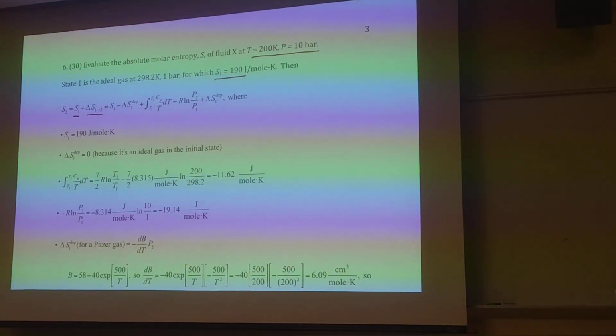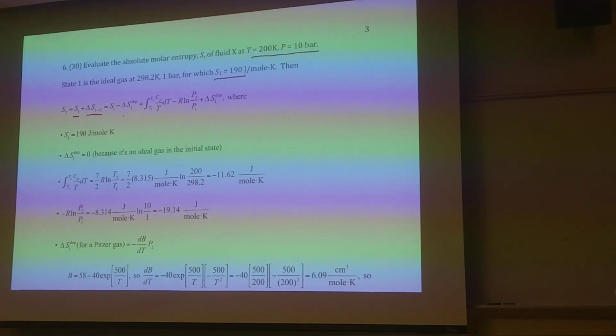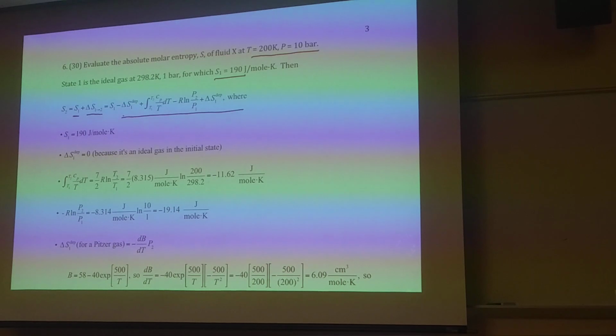And that we always work out the same way. It's going to be equal to minus the entropy departure in state 1, plus any change in the entropy that takes place in the ideal gas state, and there it is, Cp over T dT, integrated from T1 to T2, minus R log P2 over P1, plus then a departure in the final state.